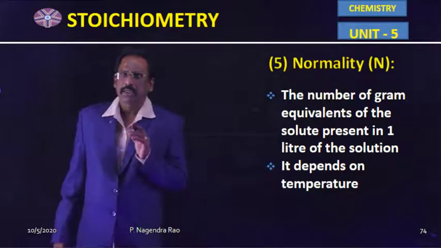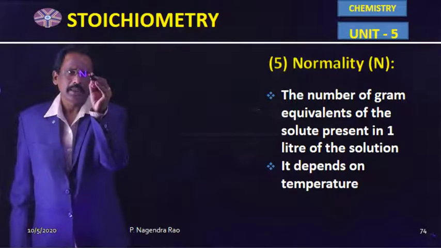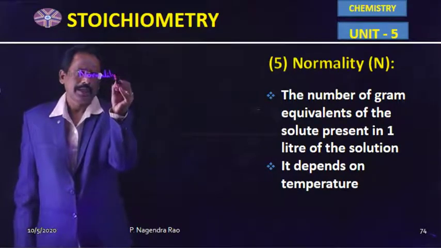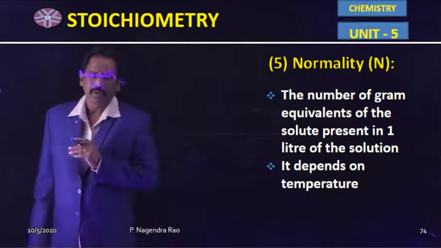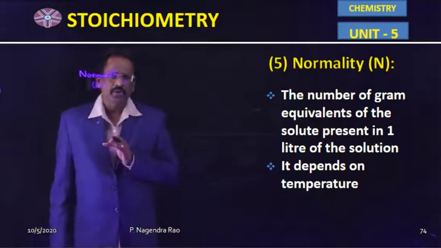So from that statement, normality, capital N, is equal to number of gram equivalents of the solute.